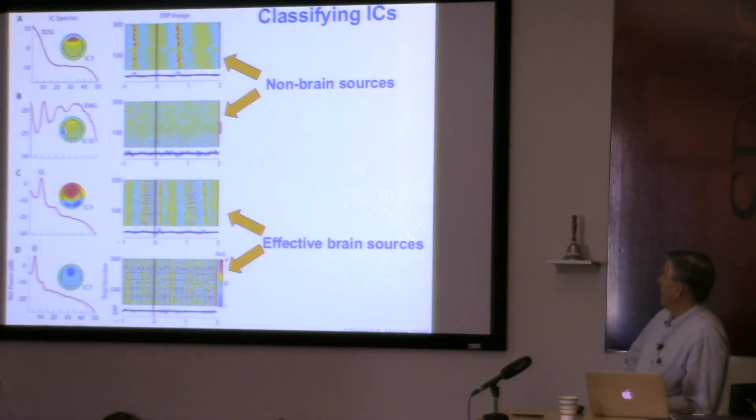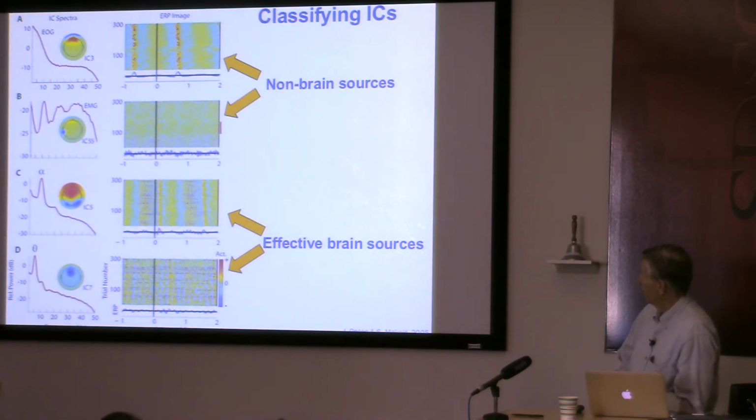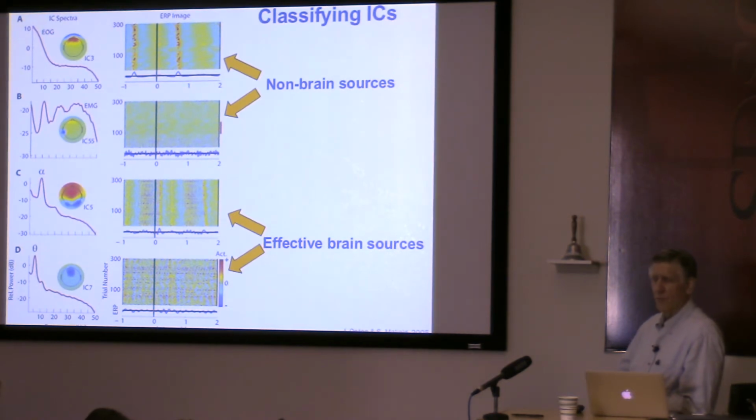So classifying ICs is something Luca's working on a sophisticated model for, and he has a very nice website that you can use to practice classifying ICs yourself, or even contribute to his project by, after you've trained, contributing some labels for some ICs.